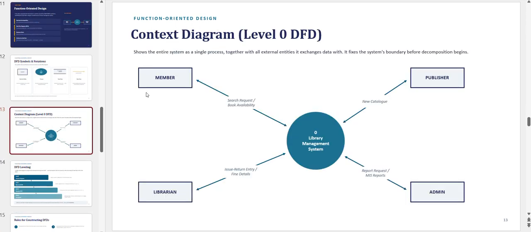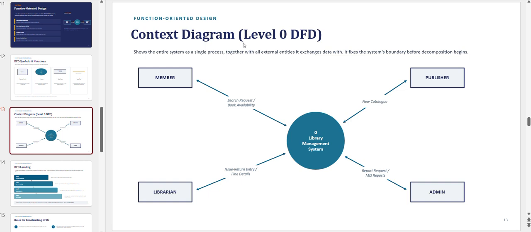Now we will see the context diagram, the level 0 DFD. The library management system is the example. It shows the entire system as a single process together with all the external entities it exchanges data with. It fixes the system boundary before decomposition begins.